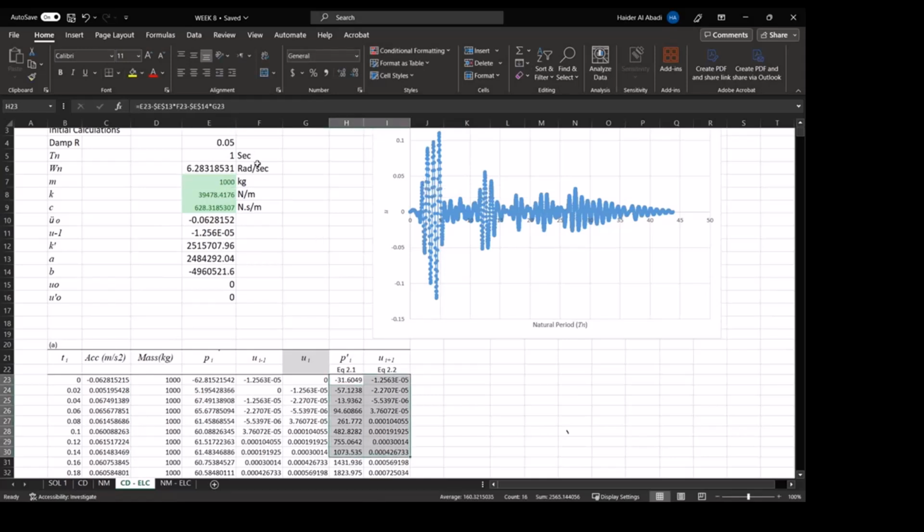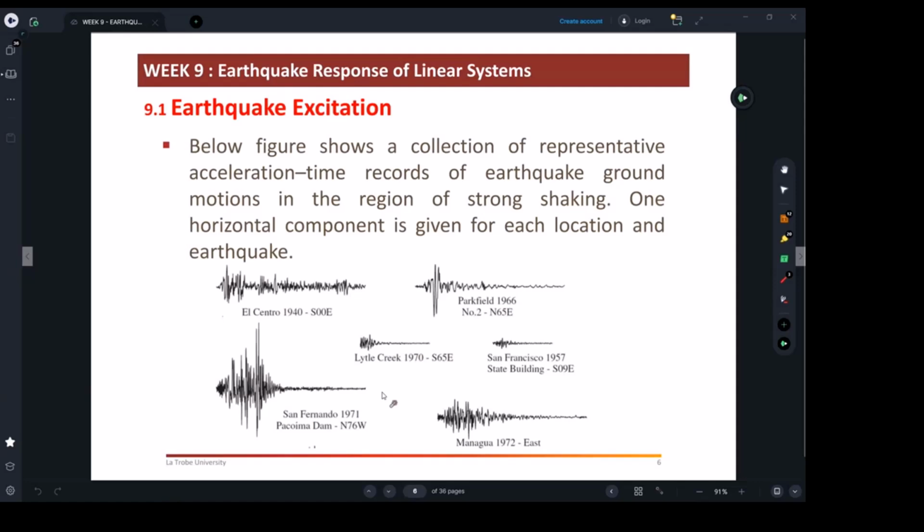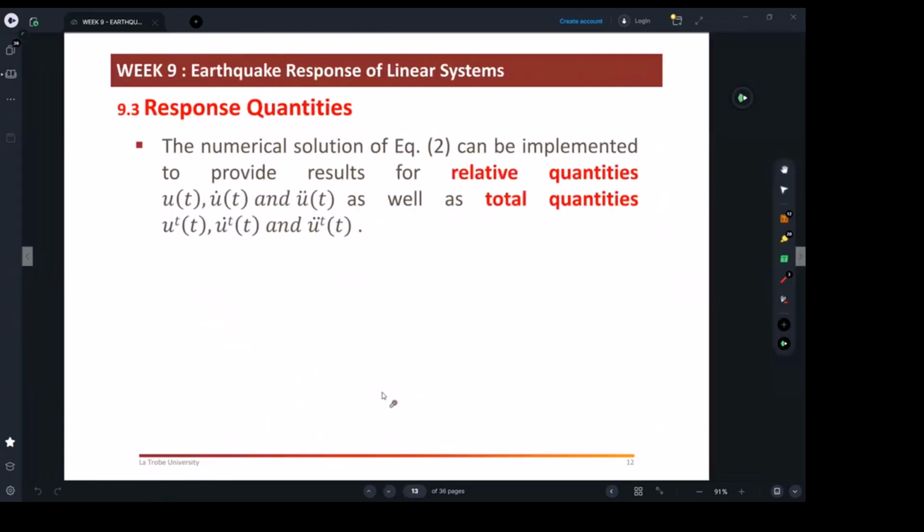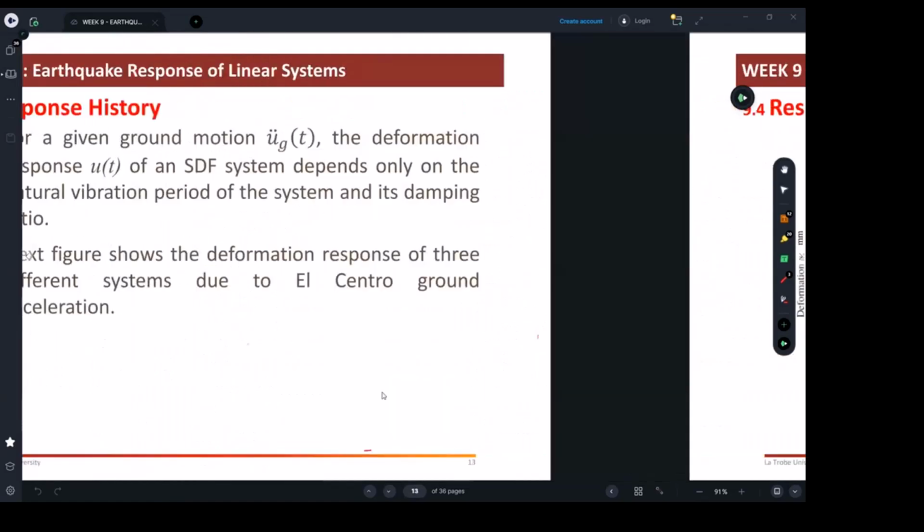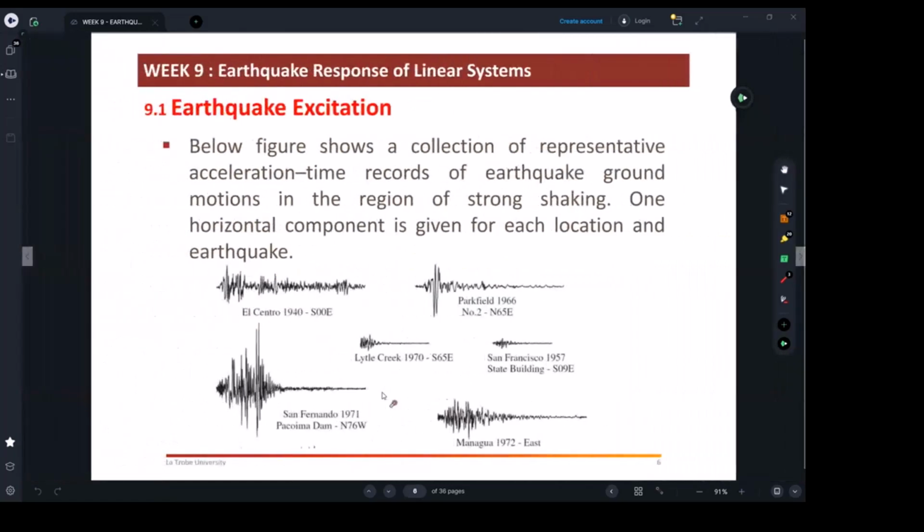So when you are doing this calculator or updating the one you did last week, make sure the response is not a function of the mass. If you change it, the response will stay the same.